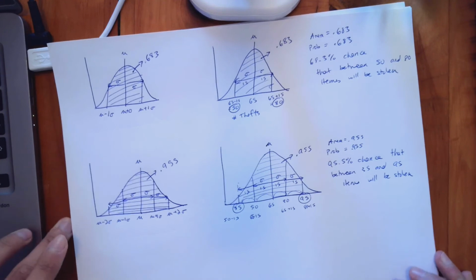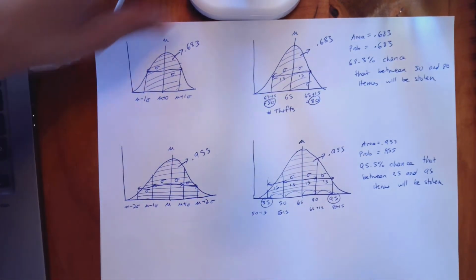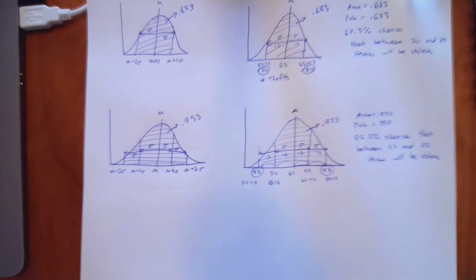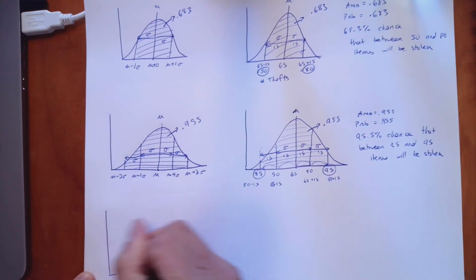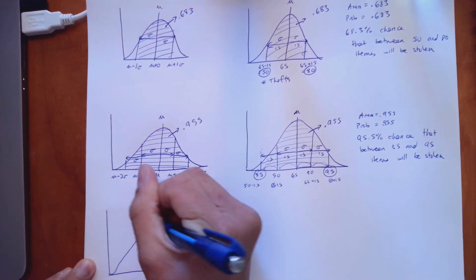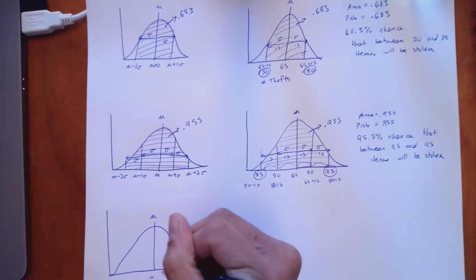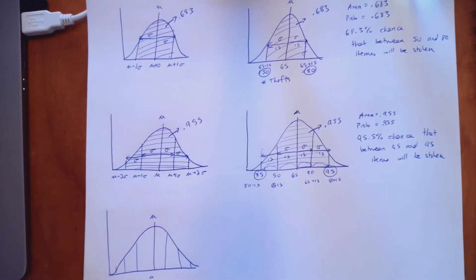So that's the second part of our 68, 95, 99.7 rule. And for this last one, I'm going to write it out, but it's going to be the same procedure, same thing. So I'll go a little more quickly through it. So here we're looking at our normal distribution. We've got our mean, and now we're going to think about 3 standard deviations going out in either direction.